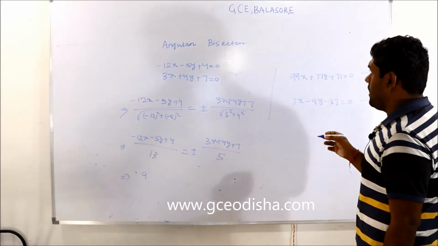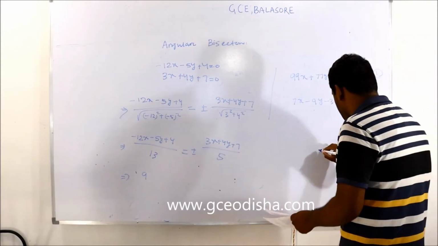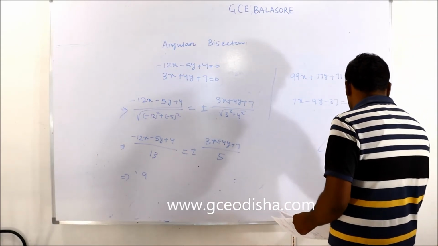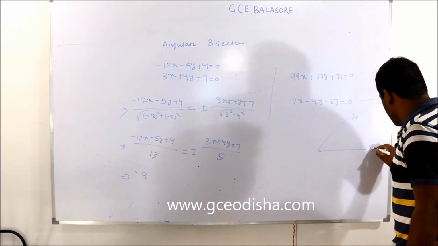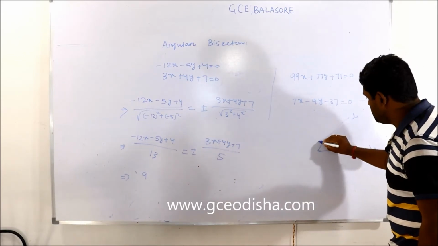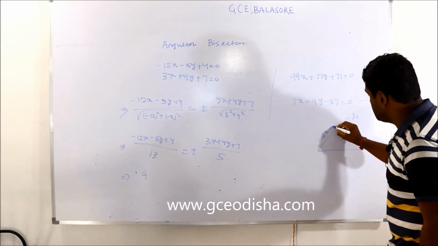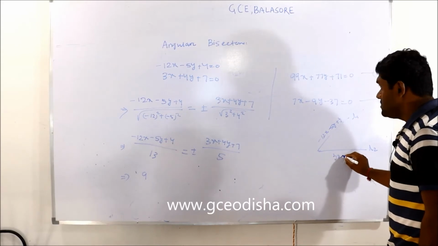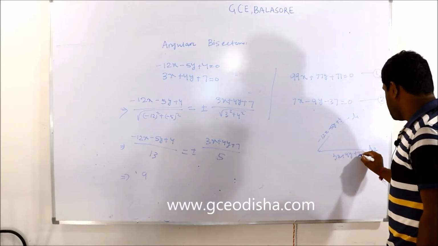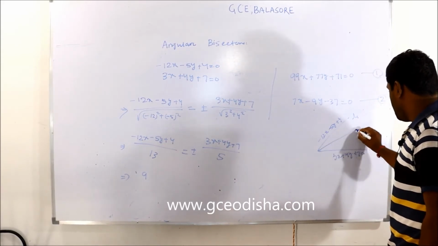Okay, it means that this is line 1, this is line 2. Let this line 1 be minus 12x minus 5y plus 4 is equal to 0. Another line is 3x plus 4y plus 7 is equal to 0. And this is the angular bisector.